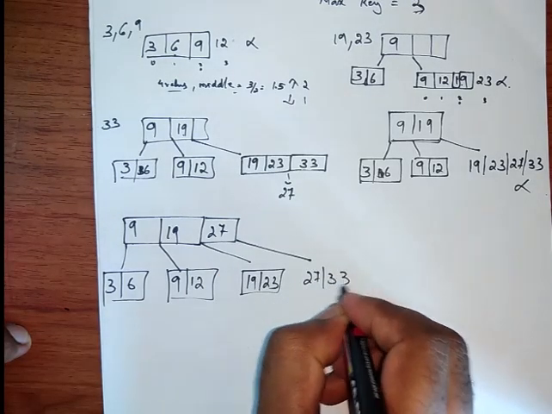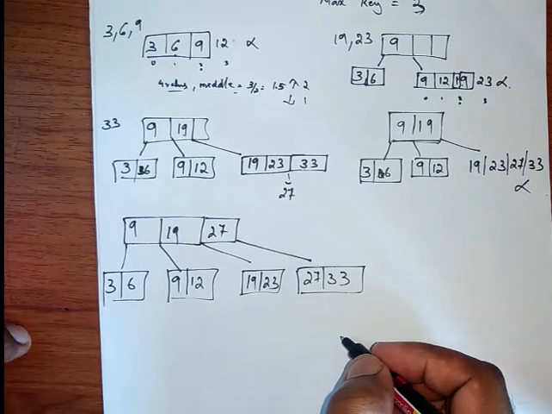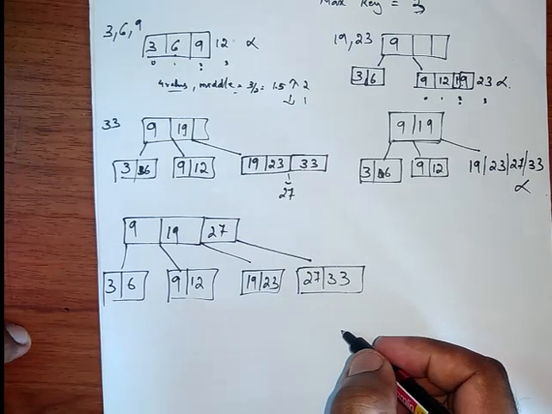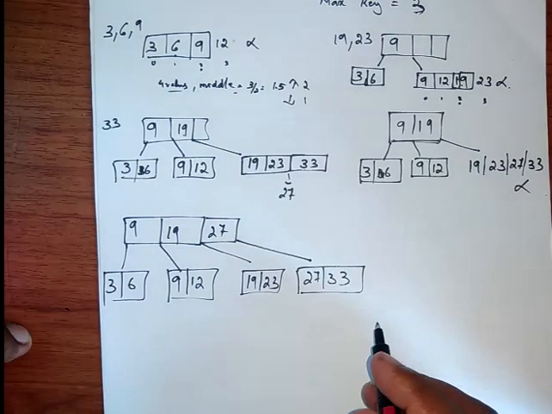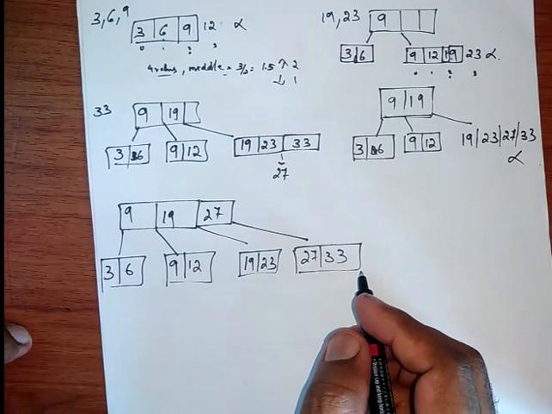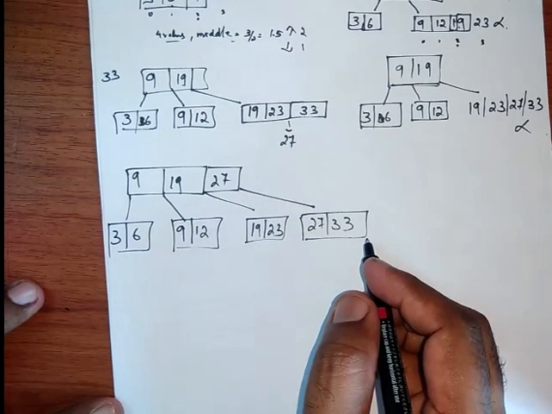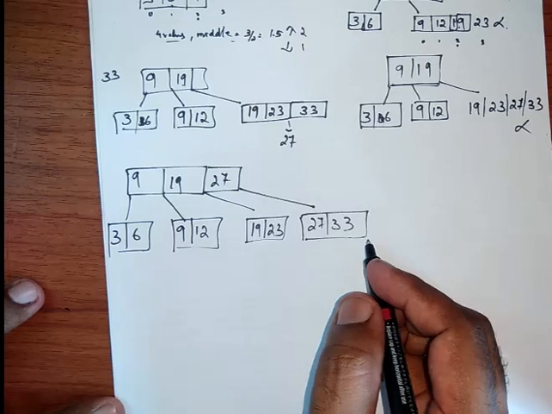And you know the other rule, all the data values should be in the leaf. So 27 also moves to the leaf level. So 27 will be in the root node as well as in the leaf node. All the inserted data values are in the leaf node, and a few values are also in the parent or internal nodes.